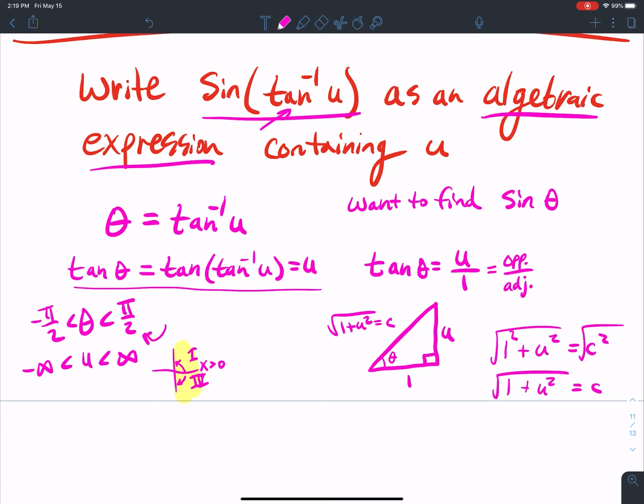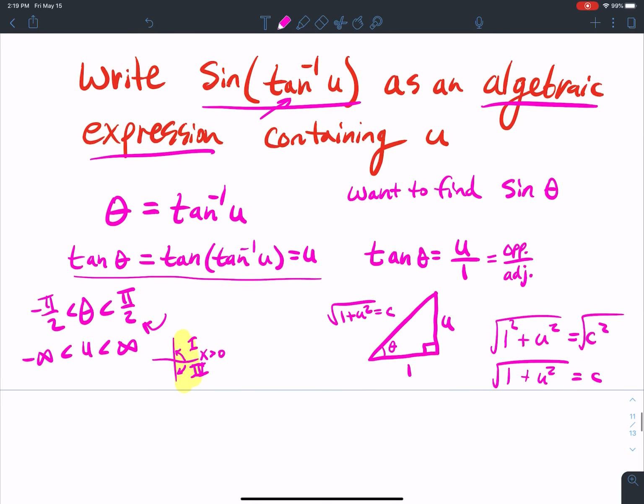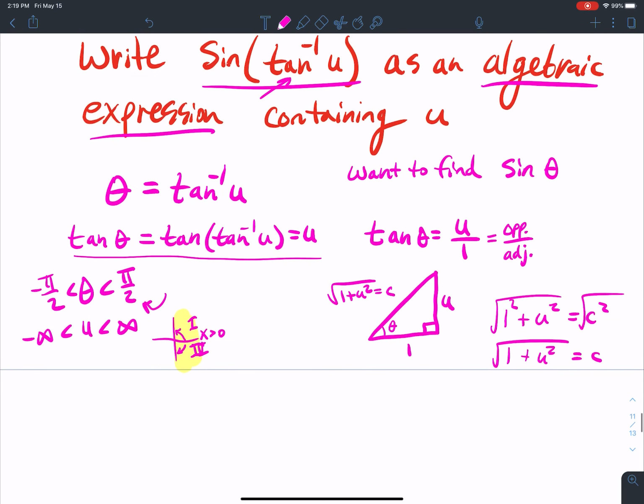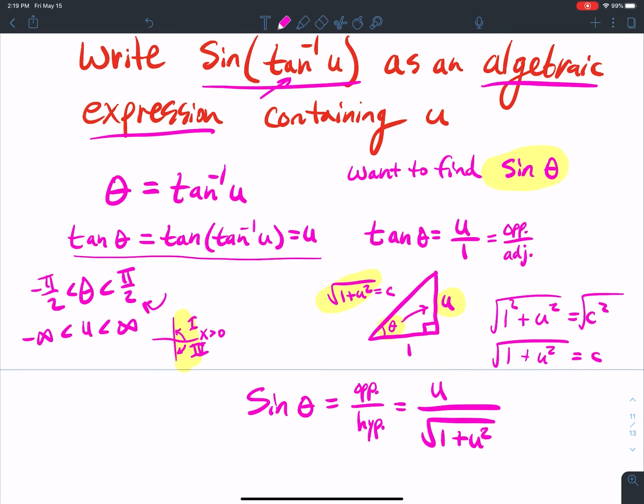Okay. So now what am I trying to find? I want to find the sine of theta. Sine of theta is opposite divided by hypotenuse. So sine theta is the opposite divided by the hypotenuse, which is equal to u divided by the square root of 1 plus u squared.